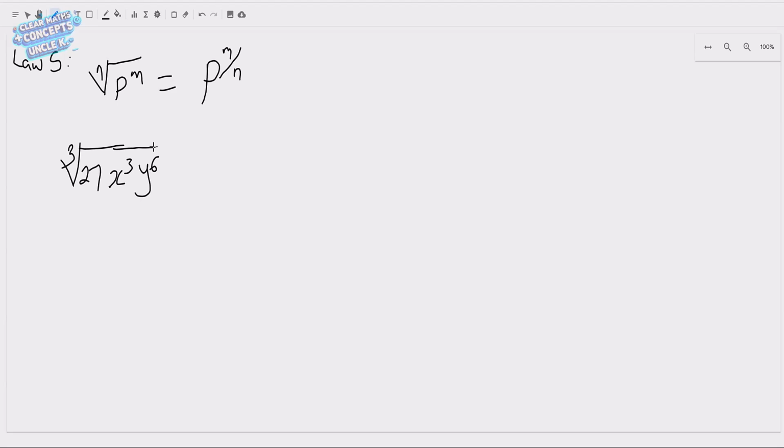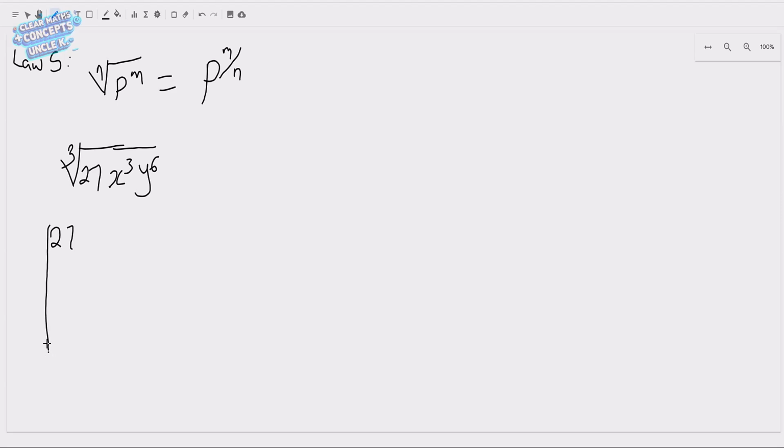So what are we going to do in this case? Since we know that 27 can be written as 3 raised to power 3, we can just go ahead and do that. But if a number cannot be written in index form, we just leave it as the power of 1. Now let me just show you how I arrive at that for 27.